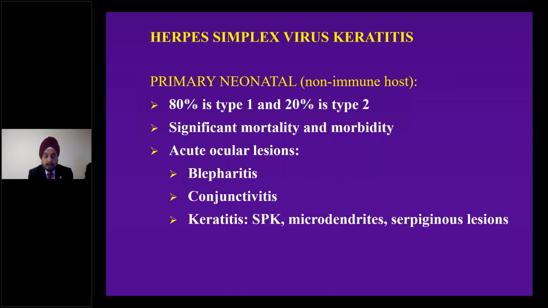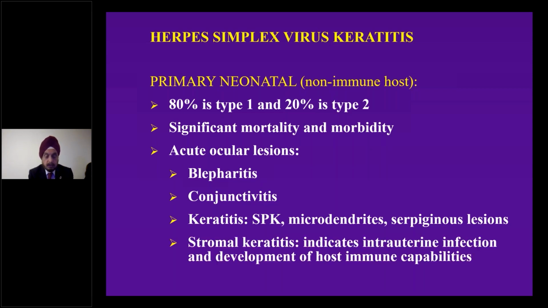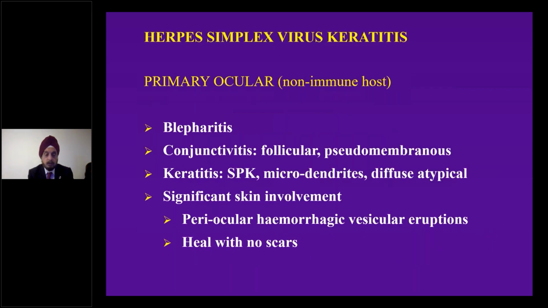Cornea can be in the form of punctate keratitis, microdendrites, or elongated snake-like lesions of dendritic, also called serpiginous lesions. The stromal keratitis indicates intrauterine infection. So if a child in the neonatal period gets stromal keratitis, it means that the infection started earlier on, so that they developed an immune response, and the stromal response, as we'll see, is mostly an immune response.